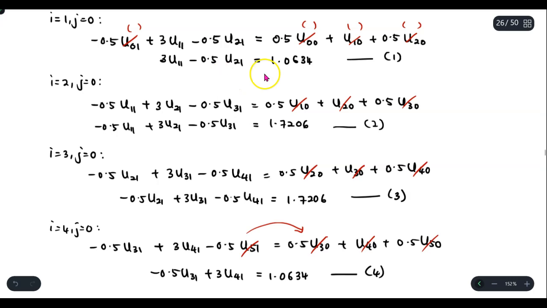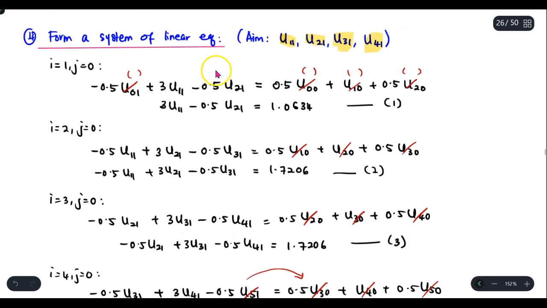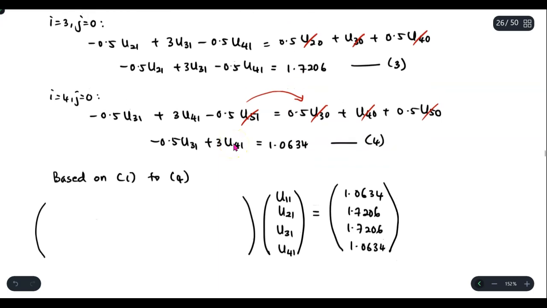Okay, and look at the coefficients. Based on equation 1, you have 3 u11 minus 0.5 u21. So 3 and negative 0.5, and you don't have u31, you don't have u41, so basically 0 and 0. Based on equation number 2, you have negative 0.5, 3, negative 0.5, and this is 0.